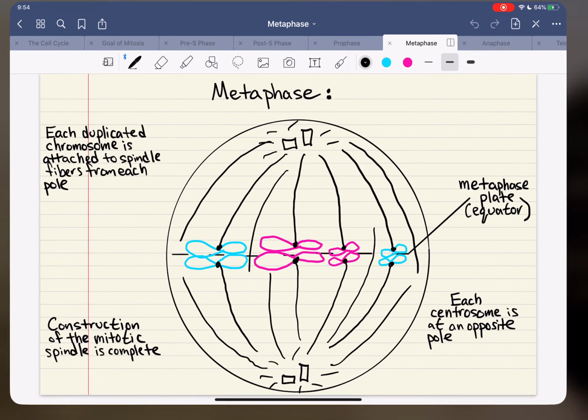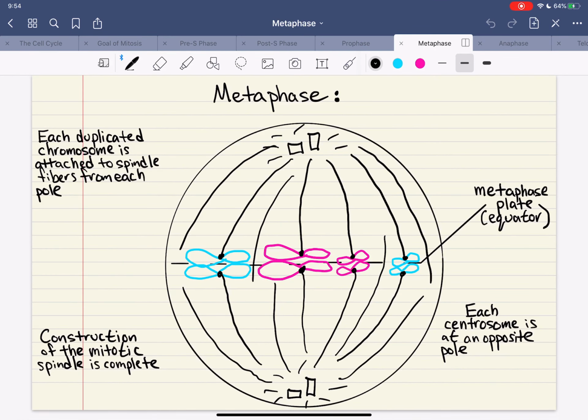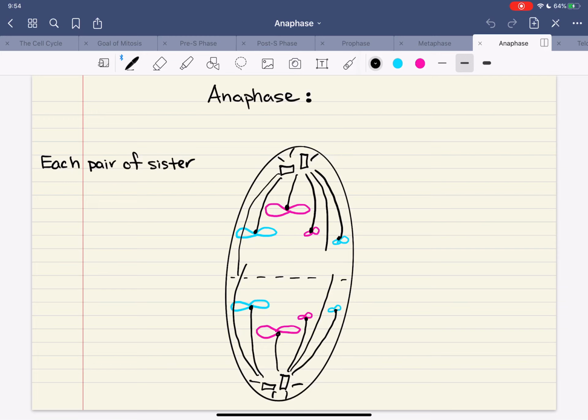And now we're ready for the 3rd phase of mitosis, which is anaphase. And during anaphase, we really complete our overall objective of mitosis. We actually pull apart each pair of sister chromatids. So I'm going to write that out.